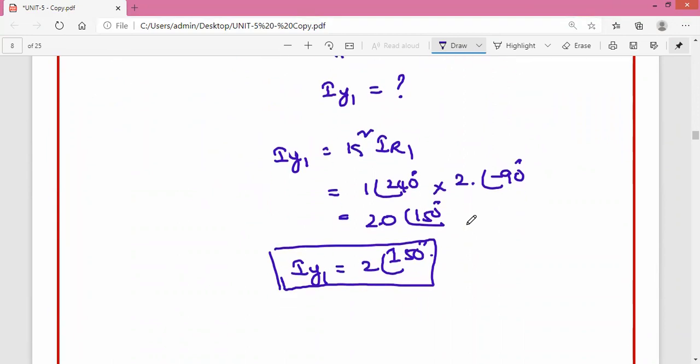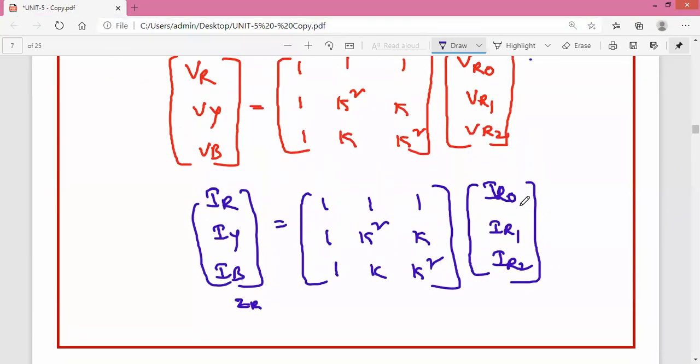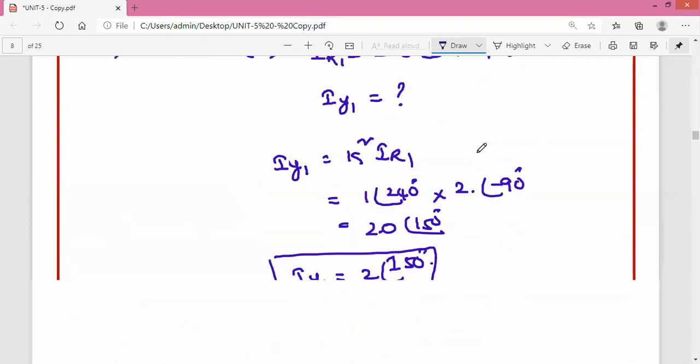Okay. So sometimes the question will be asked in the reverse manner. The question will be given in terms of IR, IY, IB and ask you to calculate IR0, IR1 and IR2. How can you calculate this? Simply by taking the inverse of this matrix.